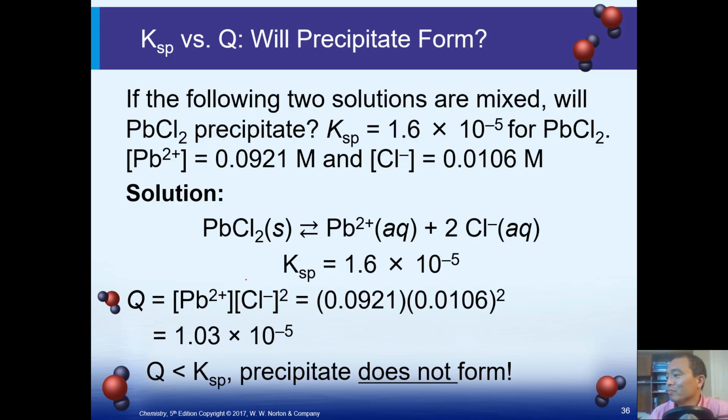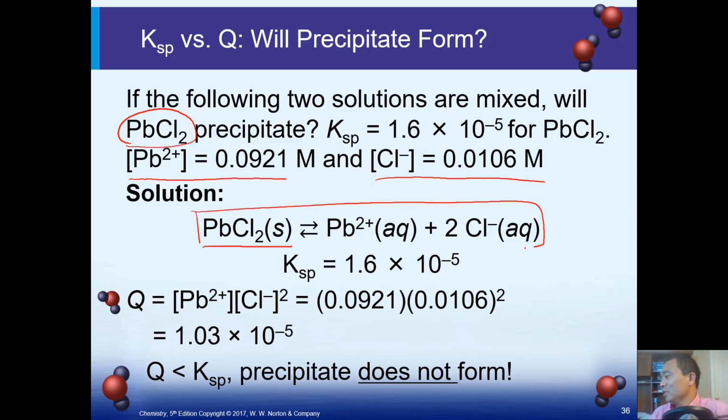Okay, so let's look at this reaction. We do know lead-2 chloride, or PbCl2, is an insoluble salt. So if I mix a certain amount of lead-2 ion with chloride ion, I want you to tell me if you expect to see a solid, or a so-called precipitate, come out. What you can do is, first you have to know how to write the equilibrium expression according to the correct ionization equation.